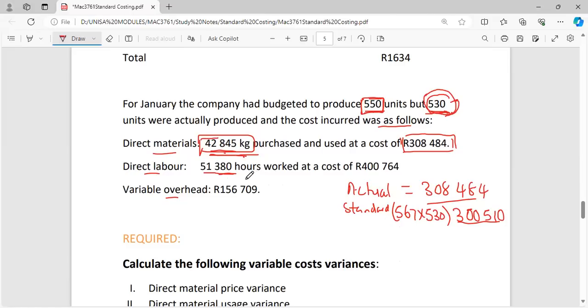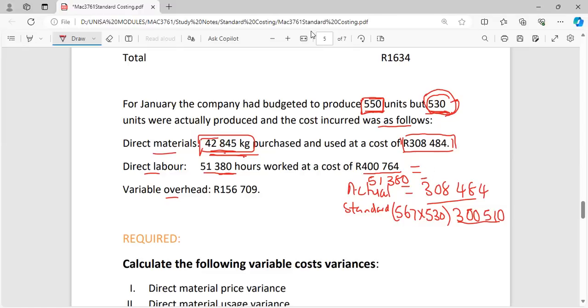We divide 407,640 by 51,380 to get the actual rate per unit. 407.64 divided by 51 is 7 Rand 80. So the actual is 780.